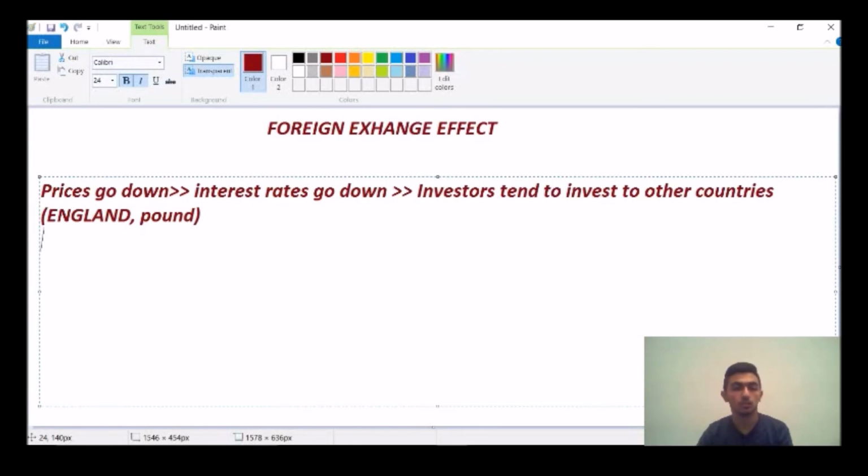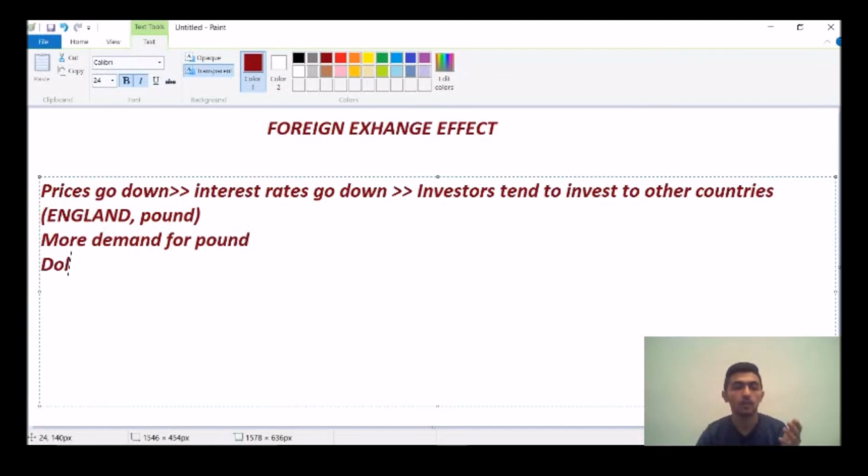If people are converting from dollars to pounds, it means that there is a larger supply of dollars and more demand for pounds. The price of the dollar relative to the pound will go down.